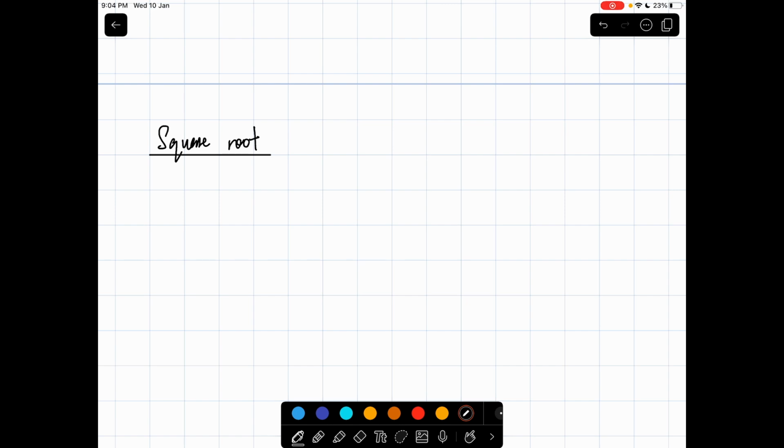So for a to become a squared, we call it squaring. That means a different color. I hope you like blue. Squaring. And then for a squared to become a, we will square root.